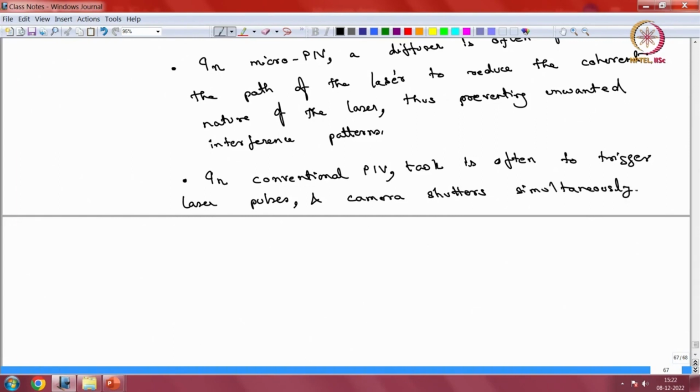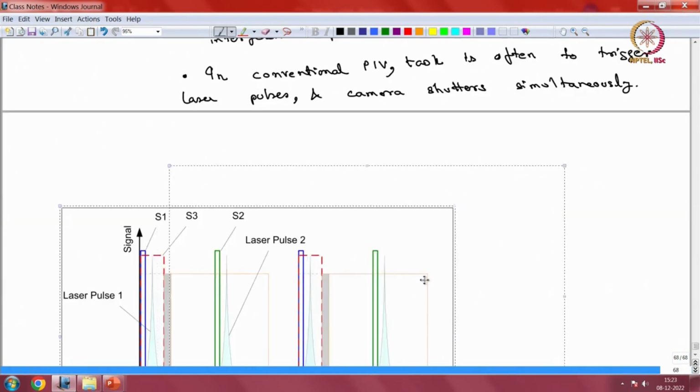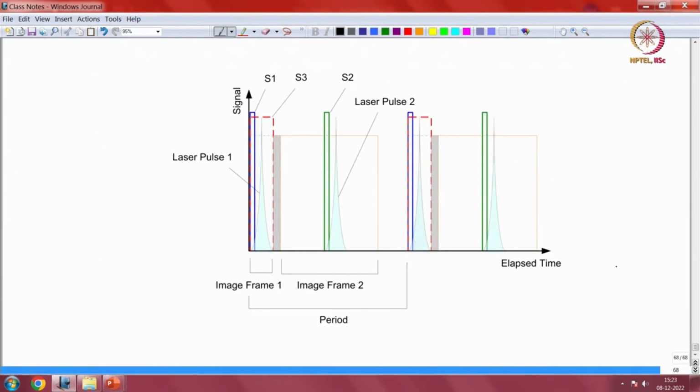And this can be done through the use of a synchronizer. Briefly, what a synchronizer does is it ensures that the lasers, the laser pulses and the imaging are synchronized. And usually what happens in a synchronizer is that control signals are generated.